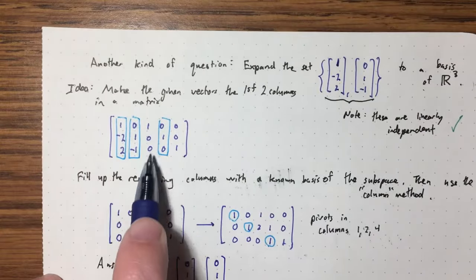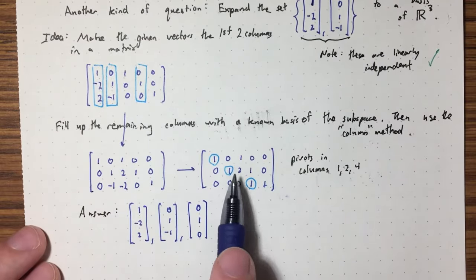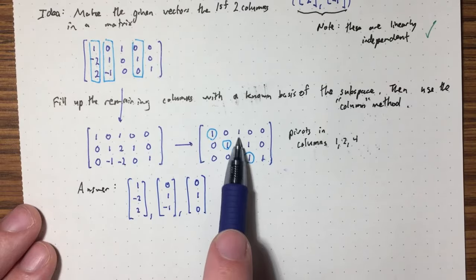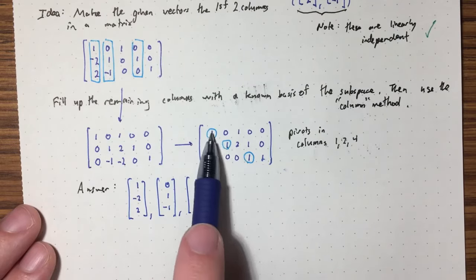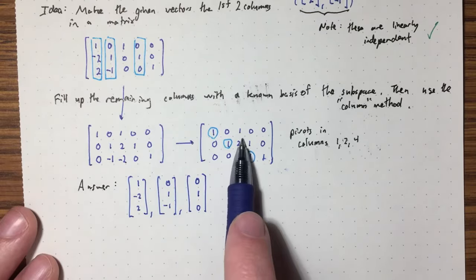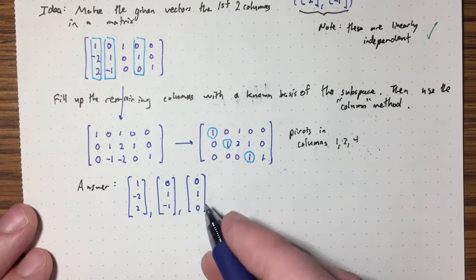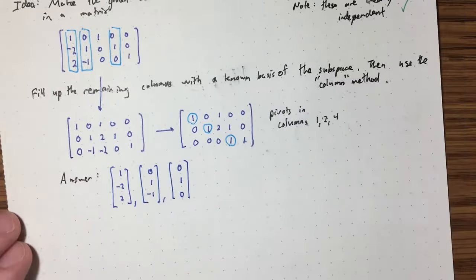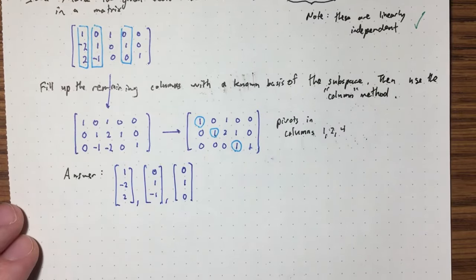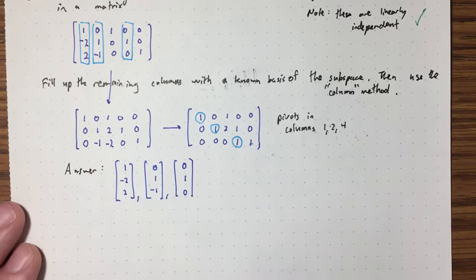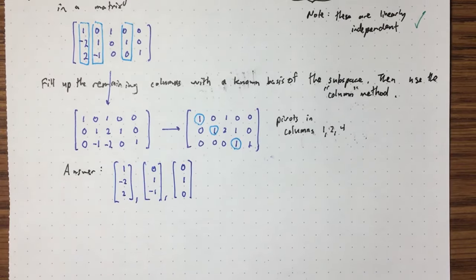We could not have added 1, 0, 0 actually, because what this is saying is that this third column is a linear combination of the first two. There's no pivot here. Okay, so this is one possible answer. We could add 0, 1, 0. There are many other vectors we could have added, but we just need one, and this is guaranteed to give us one.